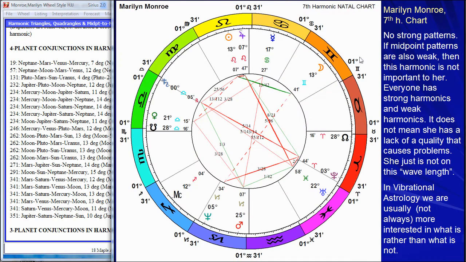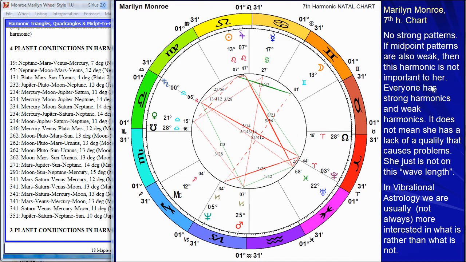Okay, so here's her seventh harmonic, not particularly strong. No strong patterns. If the midpoint patterns are also weak, we look at aspect patterns and midpoint patterns in the harmonics, and that just means the harmonic is not particularly important. Everyone has strong harmonics and weak harmonics. If you have a weak harmonic, it doesn't mean that you're lacking that quality of the harmonic.